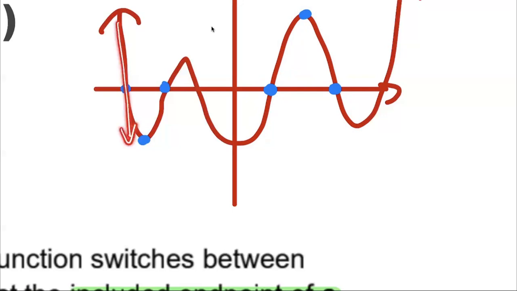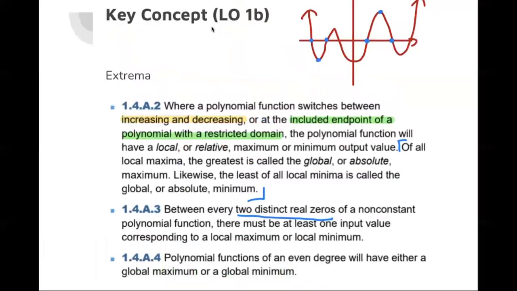But for that same graph to achieve another zero, it should switch from decreasing to increasing so that it can also touch the x-axis. So basically, you should know that if there are any two distinct real zeros, there should be either a local maximum or local minimum, or relative maximum or relative minimum, okay? One last thing is that polynomial functions of an even degree will have either a global maximum or a global minimum.